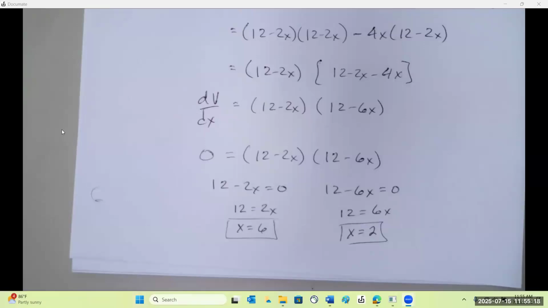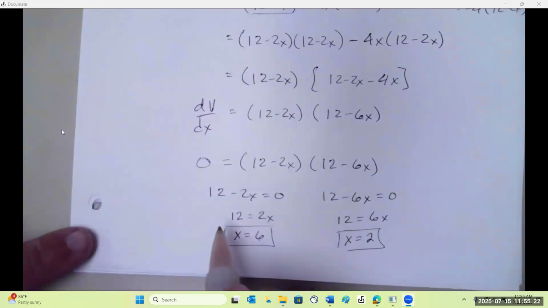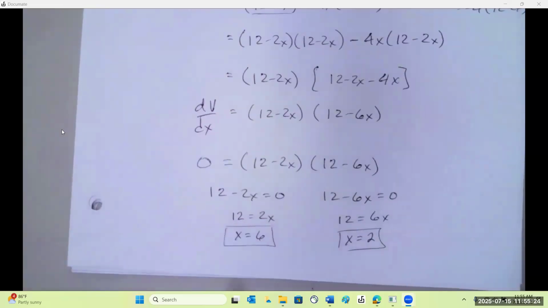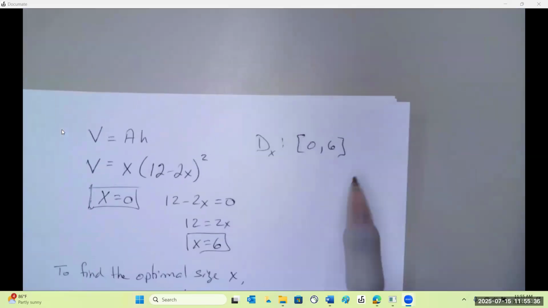All right. What does that tell us? This is now our maximum minimum. These are our extreme points. Is there anything we can't use? Well, our domain is from 0 to 6.